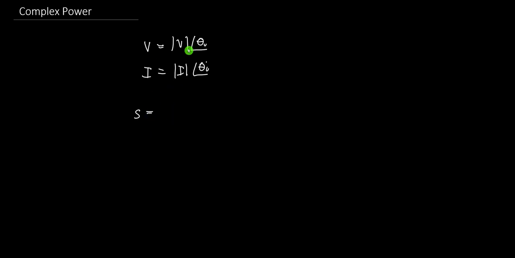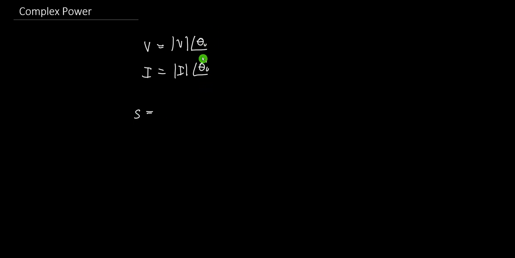But this time, because we are multiplying these two, remember the concept of complex numbers: when we multiply them in polar form, we add the angles. So the resulting angle for S would be the sum of the two, which is not a good intuition, because we know that the angle of S should be the power factor angle, which should be the difference of these two.